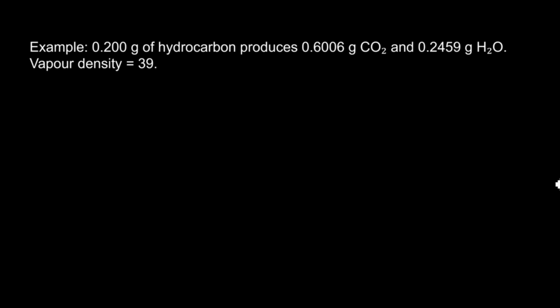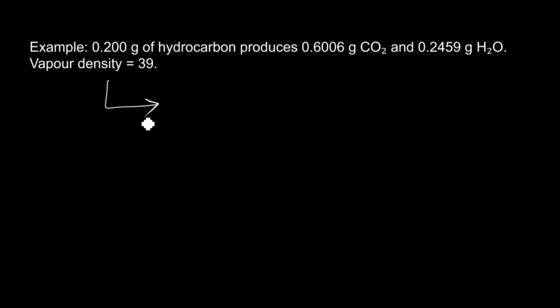0.200 grams of a hydrocarbon produces 0.6006 grams of carbon dioxide and 0.2459 grams of H2O. Vapor density is 39. And what is vapor density? We don't know about vapor density. Vapor density is nothing but the density of vapors. But here is the trick.